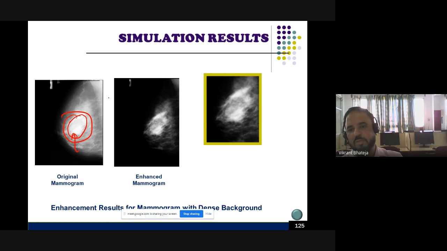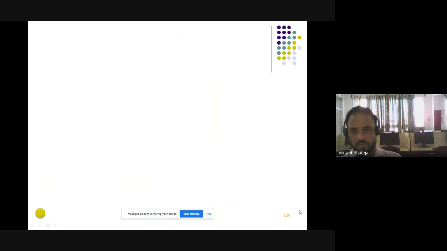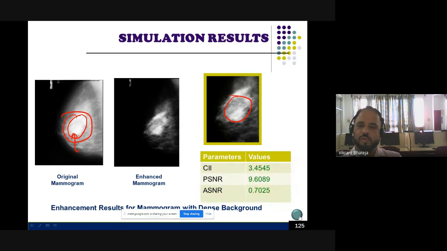But in the enhanced image, this tumor region is very clearly visible. And again, these are the values of CII, PSNR, and ASNR that we are getting.